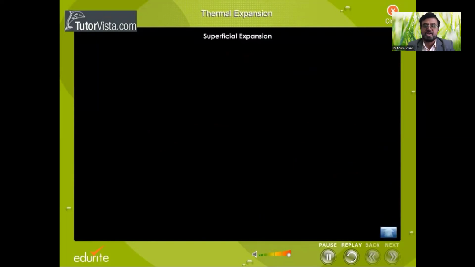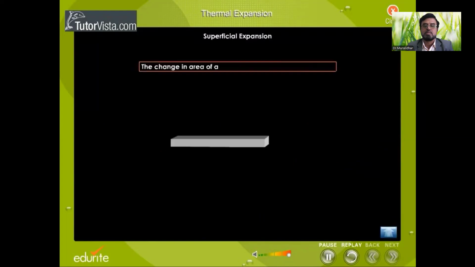Superficial expansion. Second one. Area. The change in area of a solid is called superficial expansion. If A is the initial surface area of a solid and delta A is the increase in surface area due to a temperature change delta T, then the increase in the surface area is directly proportional to the original area and increase in temperature.